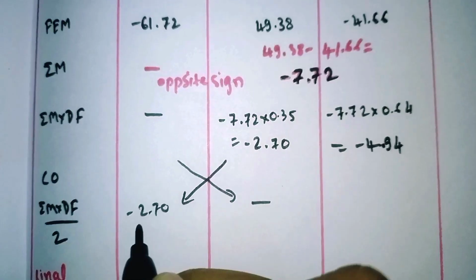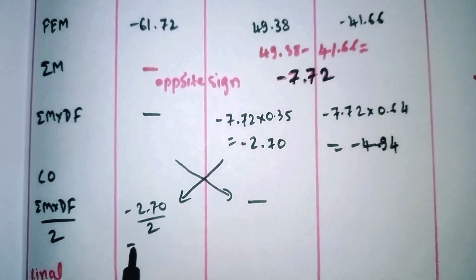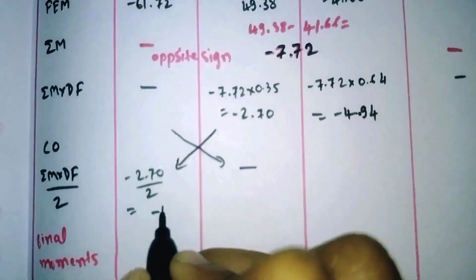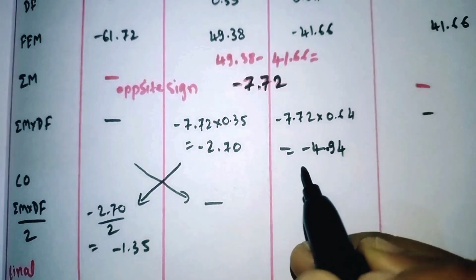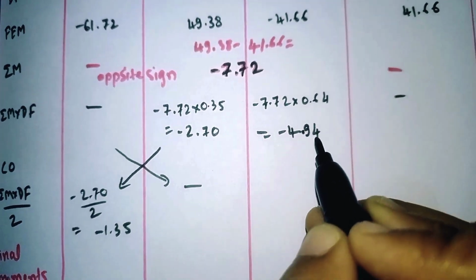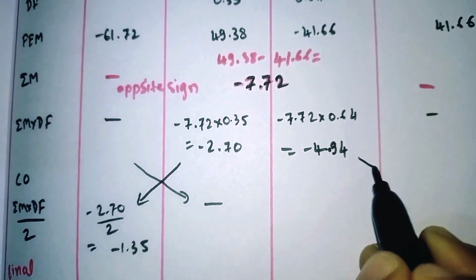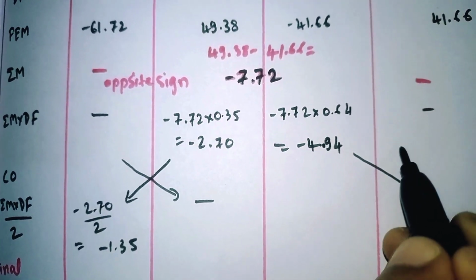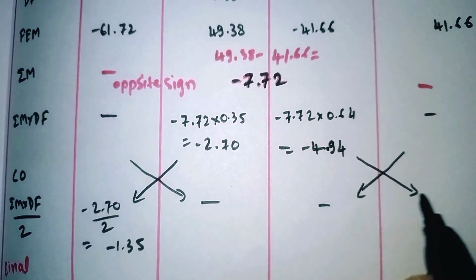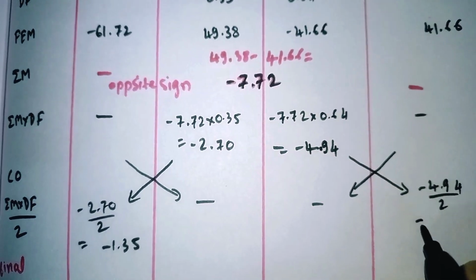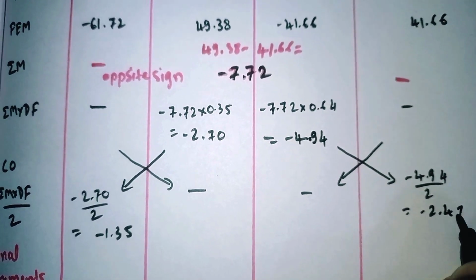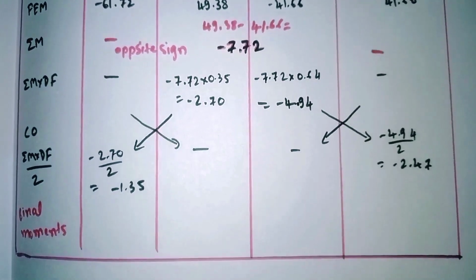Minus 2.70 divided by 2 will come out as minus 1.35. Send it to the opposite side. Here also minus 4.94, send this value here, and there is nothing, keep it as nothing. So minus 4.94 divided by 2 will come out as minus 2.47.